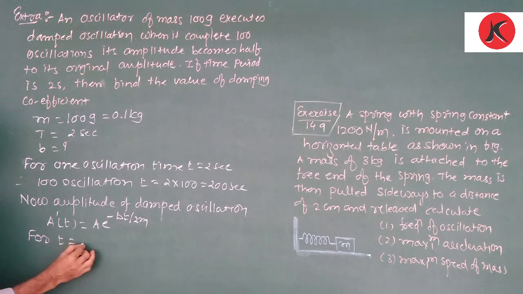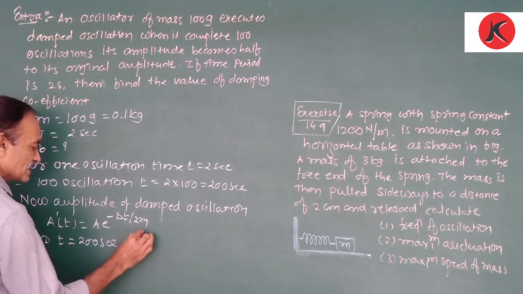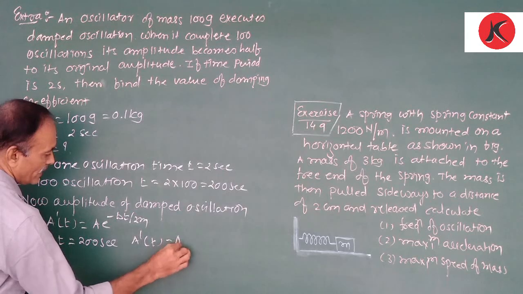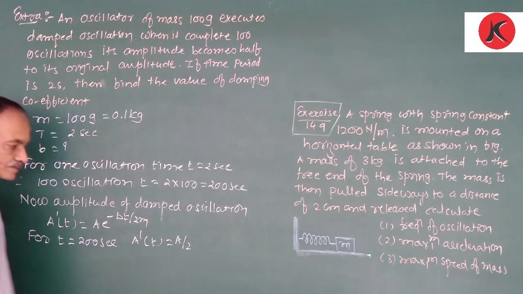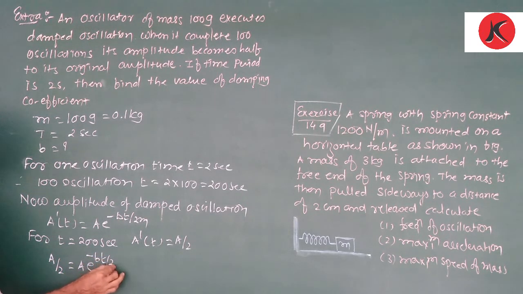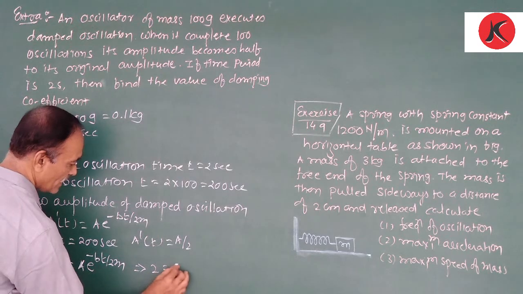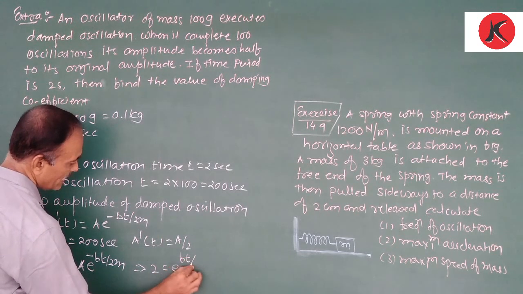For t equal to 200 seconds, A'(t) becomes A by 2. Clear? Therefore, A by 2 is equal to A e to the power minus bt upon 2m. A cancels. Therefore, directly comparing, 2 is equal to e to the power bt upon 2m.